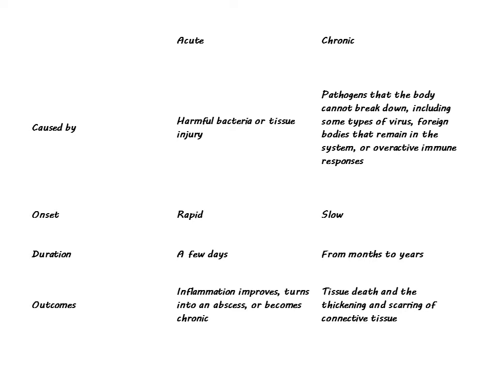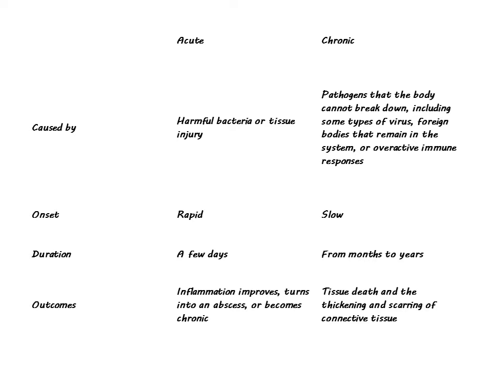Okay, then the next thing is onset. Acute inflammation is always rapid, whereas chronic inflammation is slow. Duration. Not only here, students, at every place, whenever you come across words like acute and chronic, remember that acute is for shorter duration, it could be days to weeks, whereas chronic is for longer duration, from months to years.